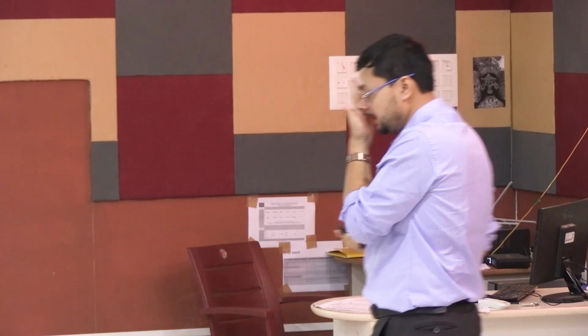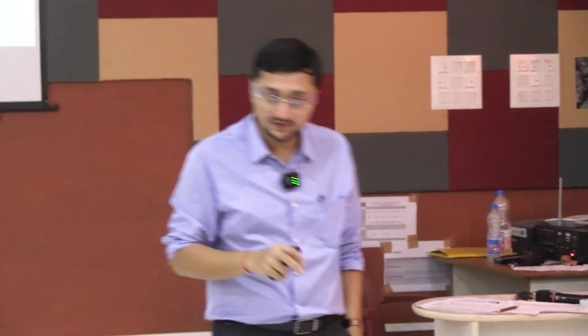Then pH. What is pH? This is the measurement of acidity or alkalinity, right? So normal pH is between 7.35 to 7.45. Below 7.35 is acidosis and more than 7.45 is alkalosis. PaO2. This is the PaO2 or PO2. You can call it PO2 or PaO2, anything. So what is meant by that small a?